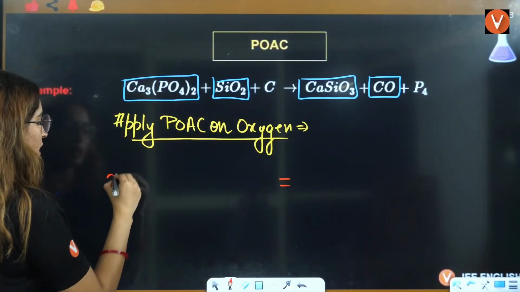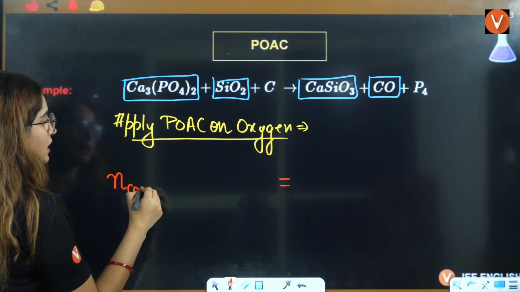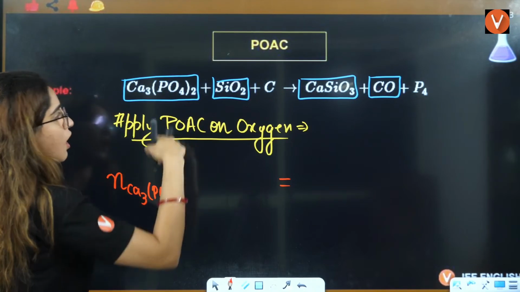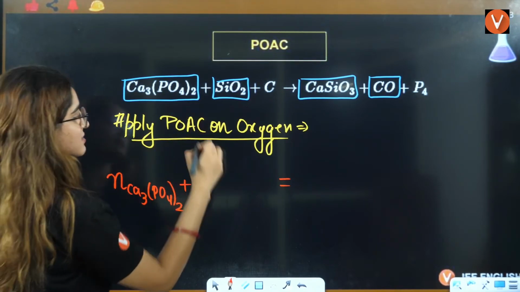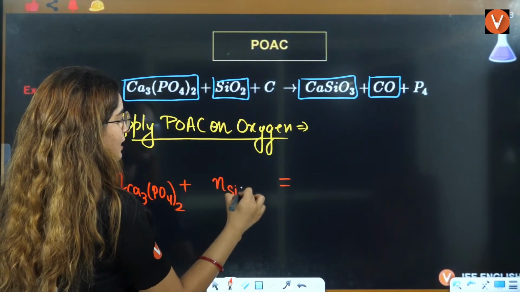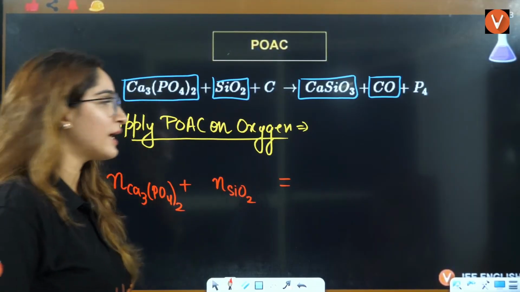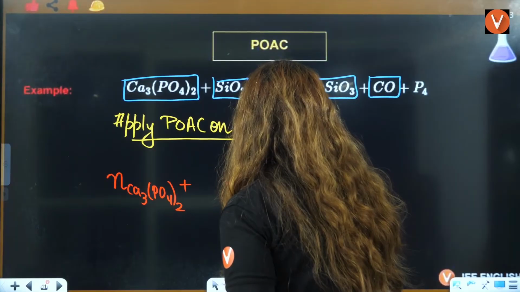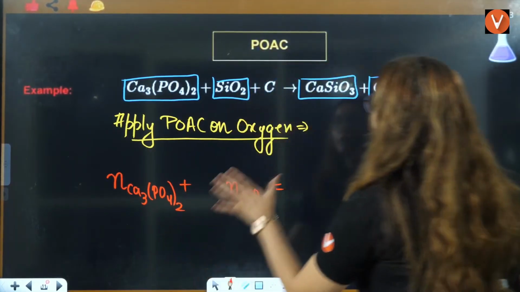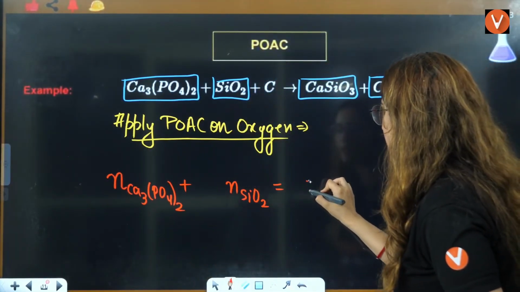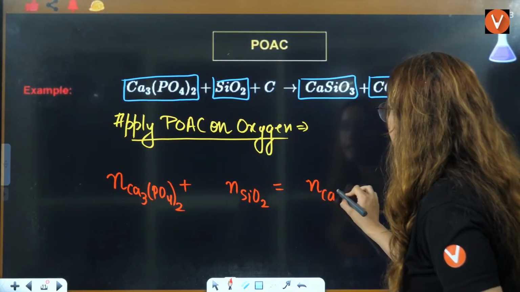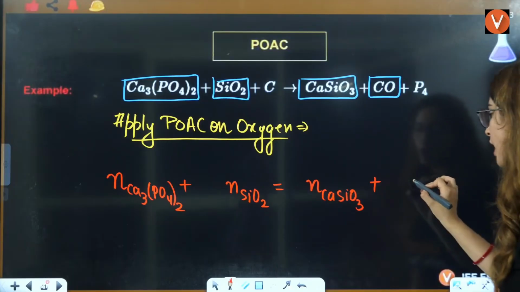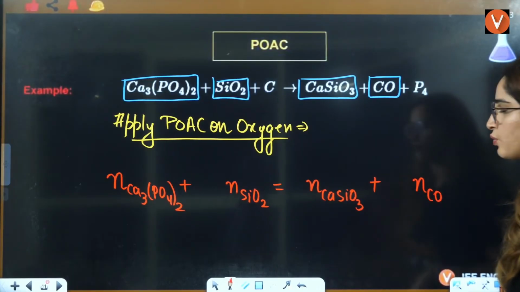Firstly, I will write number of moles of Ca3(PO4)2. On the left side, I also have SiO2, so I'll write SiO2. Equating it with the right side, you have number of moles of CaSiO3 addition. Here also you have oxygen, number of moles of CO.